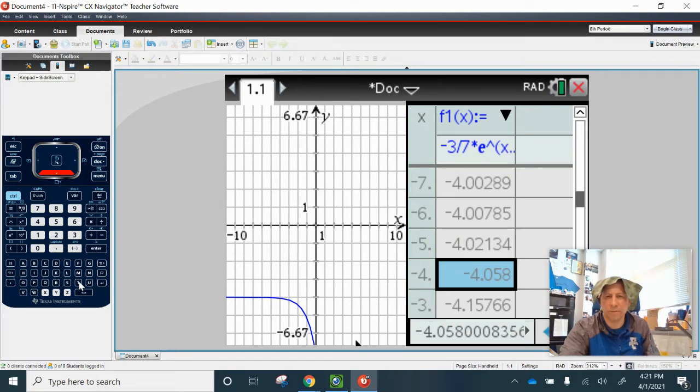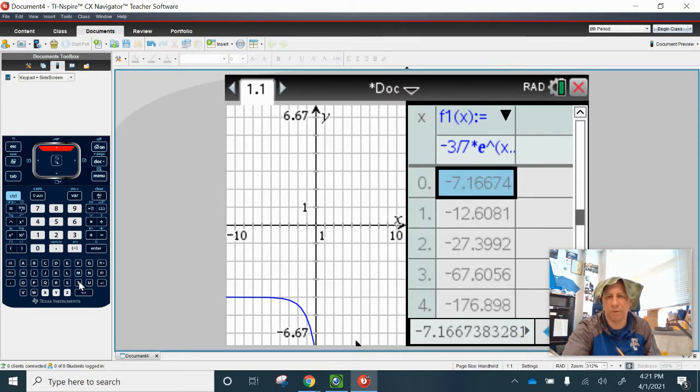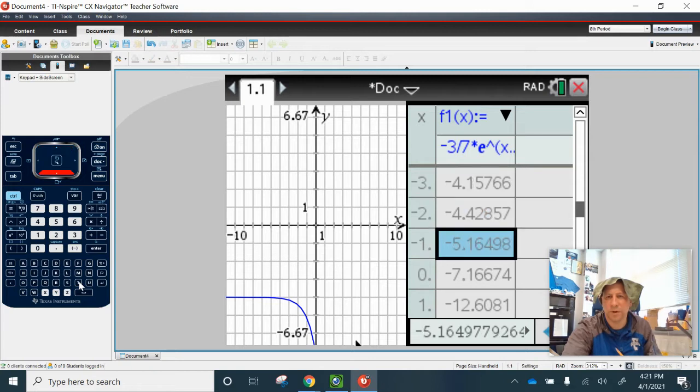That's not the best, but we can probably use -4. Well, that's really close to the asymptote line. We don't want that. Let's see if we can find any whole numbers. Wow, no whole numbers. So -1, 5.16 is probably going to be as good as we can get.